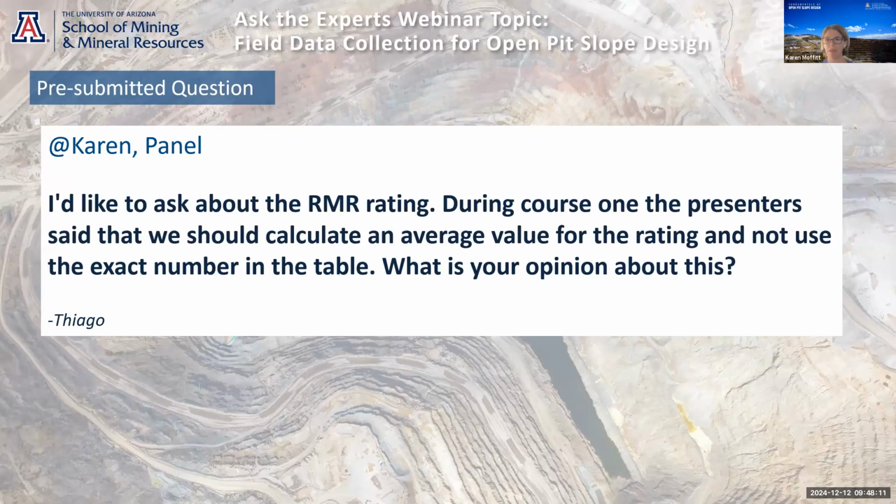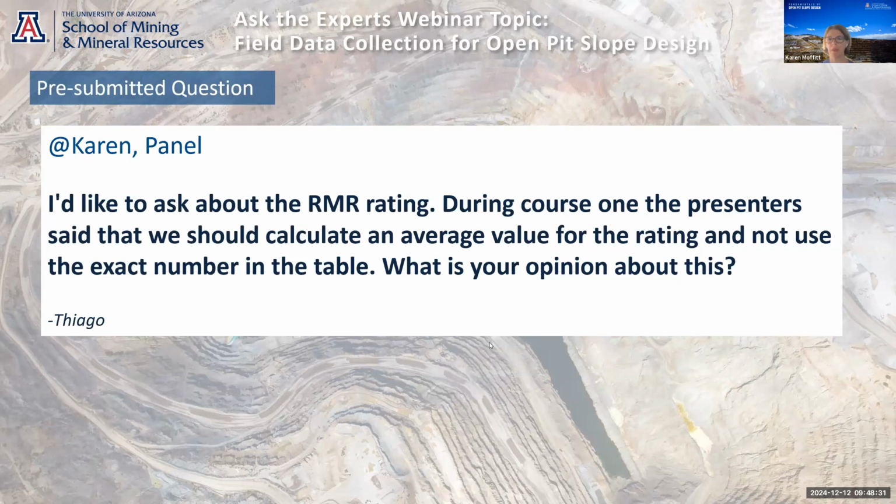Usually it's a joint condition one that's a bit more subjective, and people like to use averages because with those less quantifiable metrics, we can get quite indecisive about which bin things fall into and want to use a value in between.